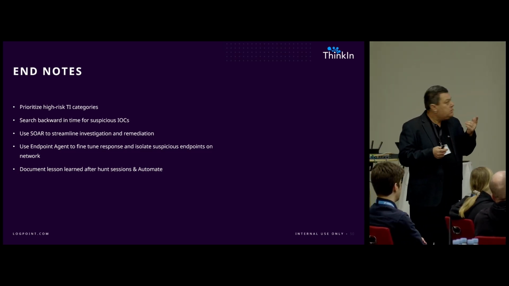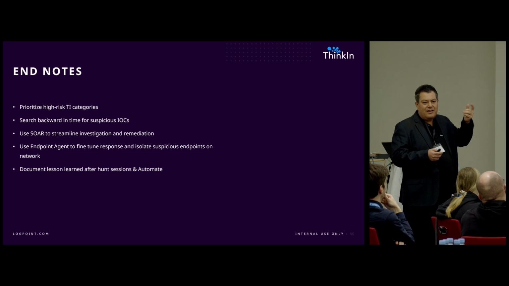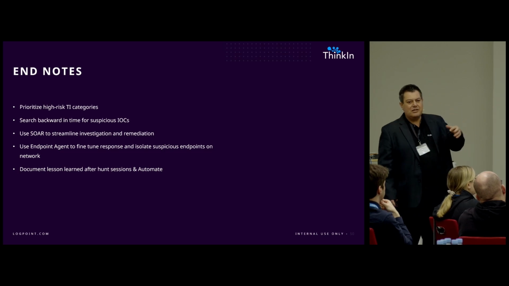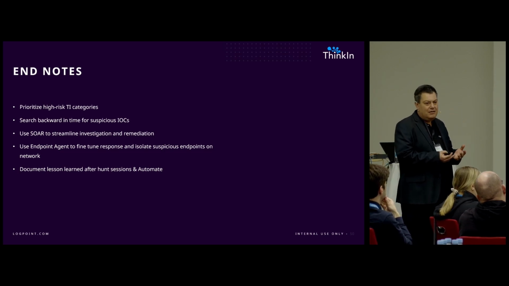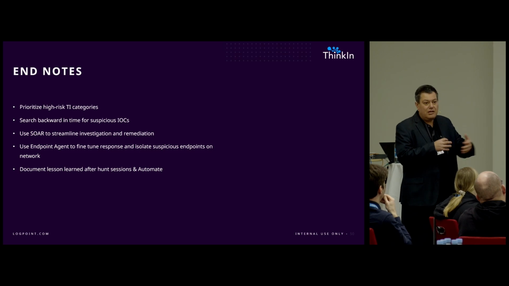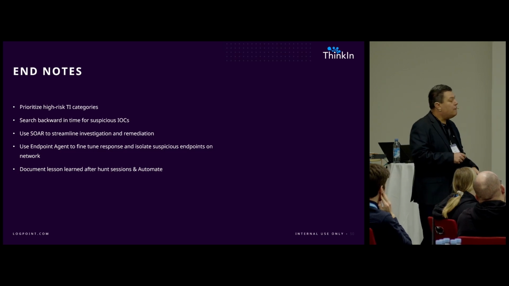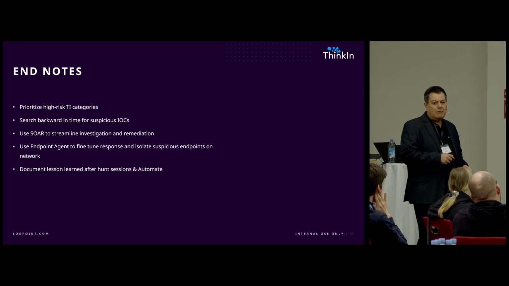Last but not least, once you have an attack, you can always use that to further automate. All the searches that we did here manually can easily be rolled into a playbook. So next time you get this IOC, you don't have to go through all those 4 or 5 different steps that we went through.